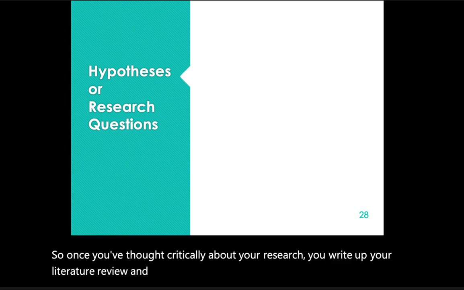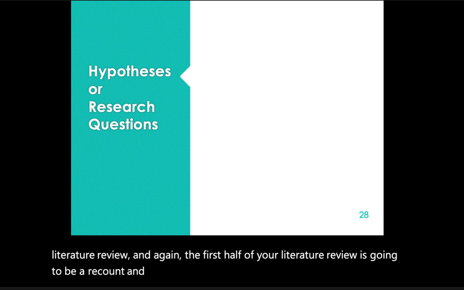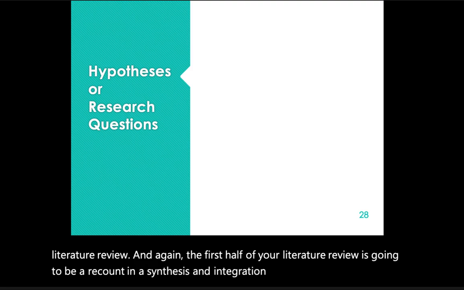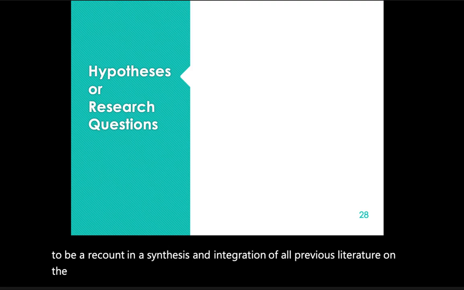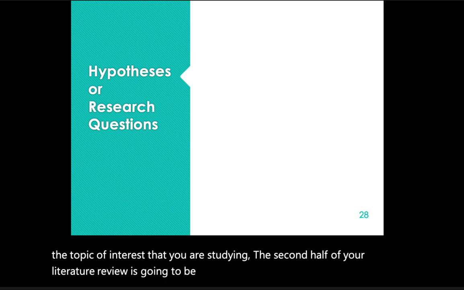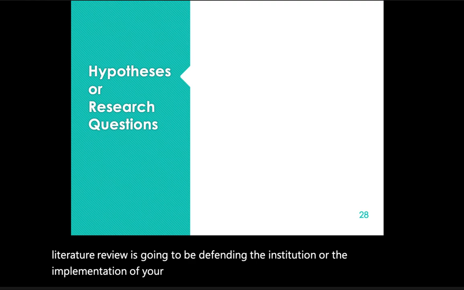And again, the first half of your literature review is going to be a recount and a synthesis and integration of all previous literature on the topic of interest that you are studying. The second half of your literature review is going to be defending the institution or the implementation of your own research study.